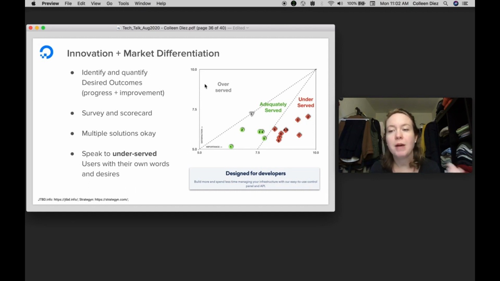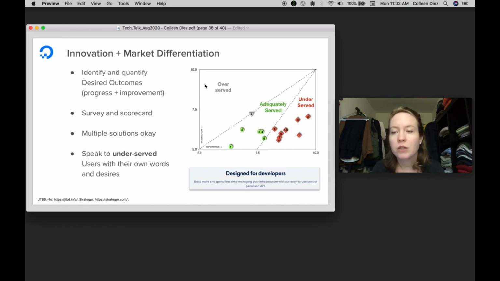So for that same outcome, customers are also being asked, tell us, how satisfied are you with your set of solutions for this outcome. Once you have those scores, you can put together a map to see where those things net out.